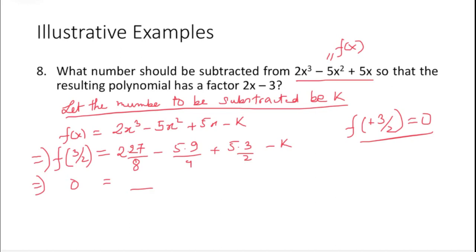So 0 equals this, so we'll take 8 as the common denominator. 2 times 27 is 54, minus 5 times 9 is 45, and times 2, since the denominator here is 4, so 45 times 2 is 90, so minus 90, plus we have 5 times 3 is 15, 15 times 4, right? So that is 60 minus k.